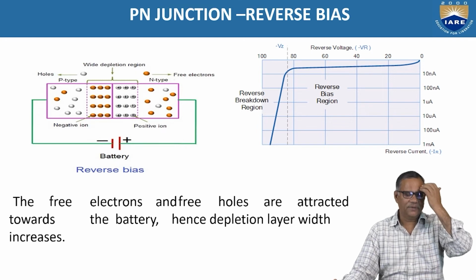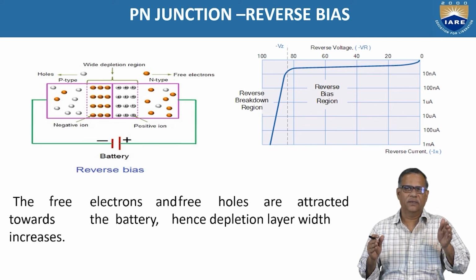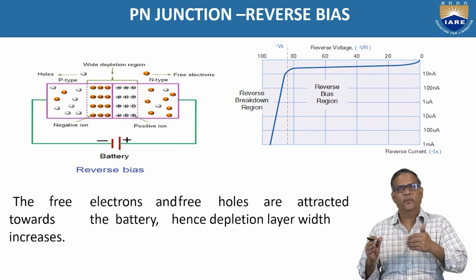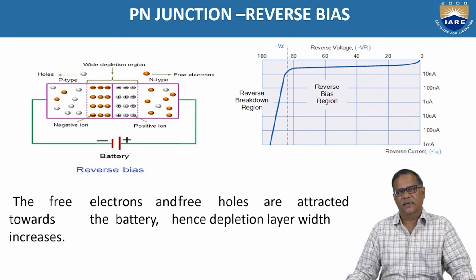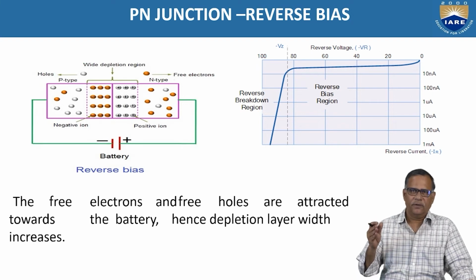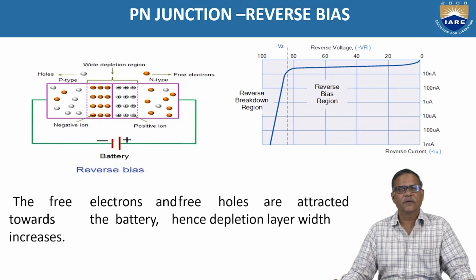So when you apply the reverse bias, what happens? From P side, more holes travel towards the negative terminal, so you get more and more negative ions on the P side. Similarly, the electrons from the N side move towards the positive terminal, so you are going to have more and more positive ions.